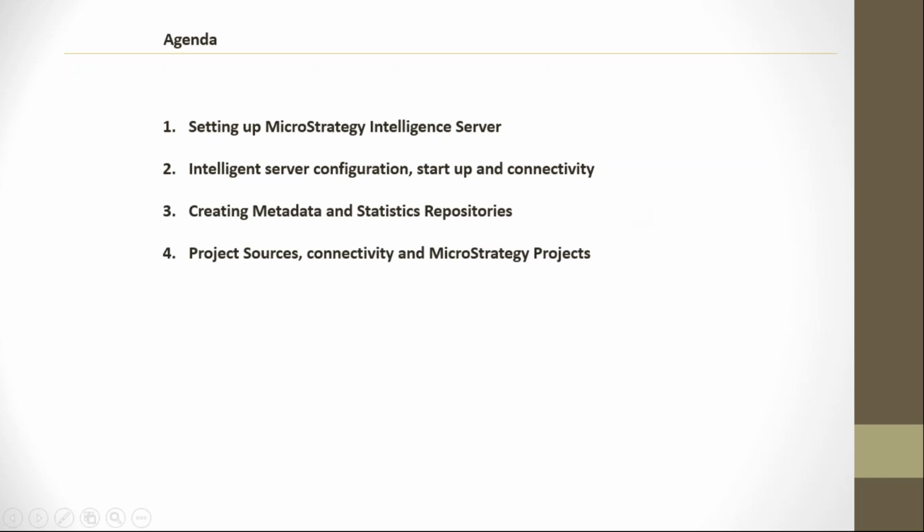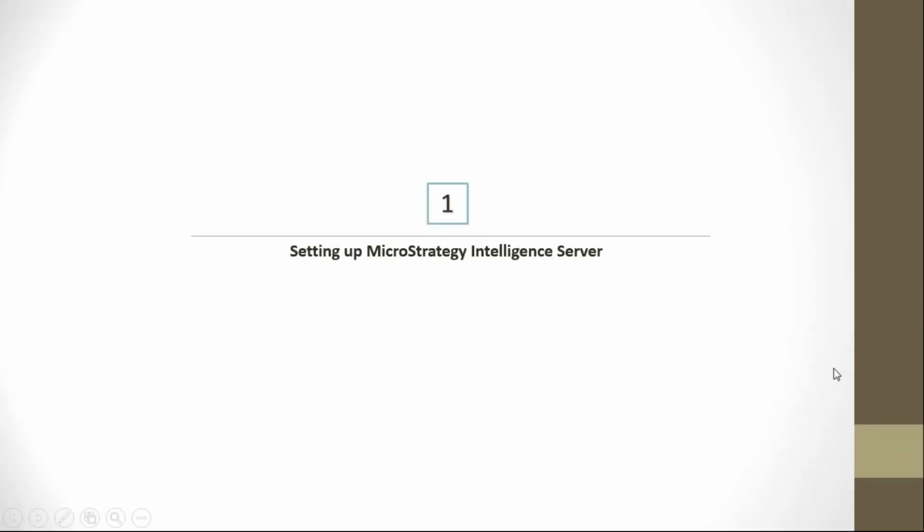Creating project sources, connectivity to data sources, and then users, all the things in MicroStrategy, and then defining the setup of MicroStrategy and creating a reporting environment. So these 5 steps are involved, and they will be shown in the upcoming presentations. Okay, first, let's start with the MicroStrategy Intelligence Server.